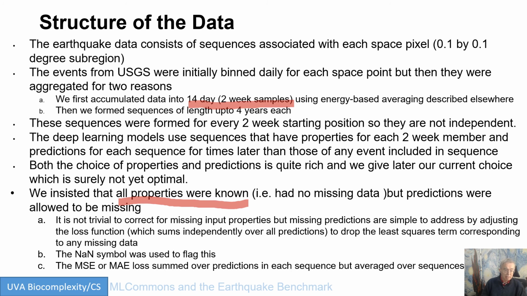Technically, we use NaN to signify missing data, and then the loss function just checks to see if the prediction is NaN. If it is, it doesn't include it. And that works for mean square error or mean absolute error. And because we're not necessarily having all data, we actually average over these different predicted time intervals, and not sum.